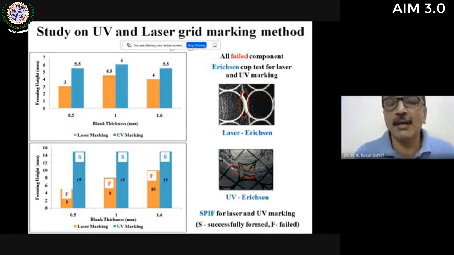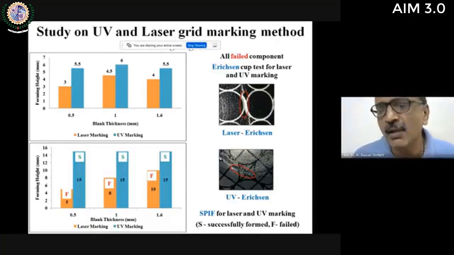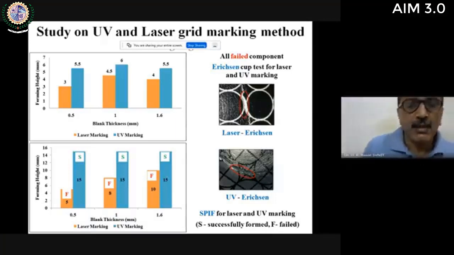Laser grid marking actually removes some fine material, which weakens the overall strength of the sheet, and that is why failure chances rise. And that is why you can notice here that the F indicates the failure, S indicates successfully formed. So the blue marking, which is UV marking, could form the geometry successfully, where the orange marking, the laser marking, has shown some failure.